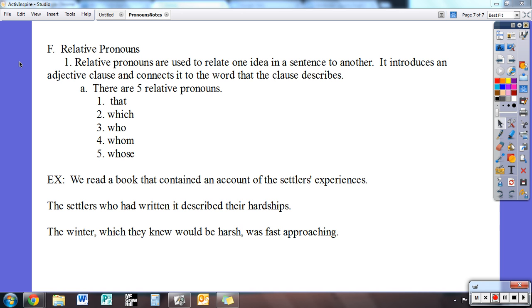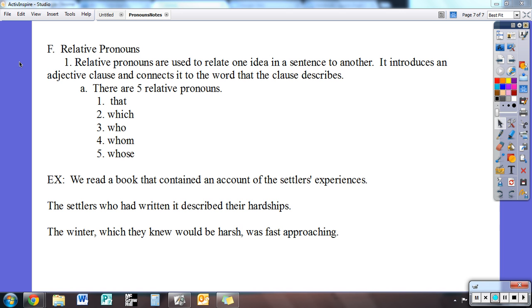Now, there are several words that are going to be used to describe something, okay? So it introduces, we know then it's going to be at the beginning of an adjective clause. That means that we're going to describe a noun or pronoun and connects it to the word that the clause describes, okay?